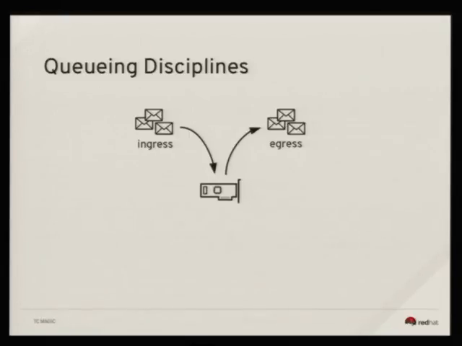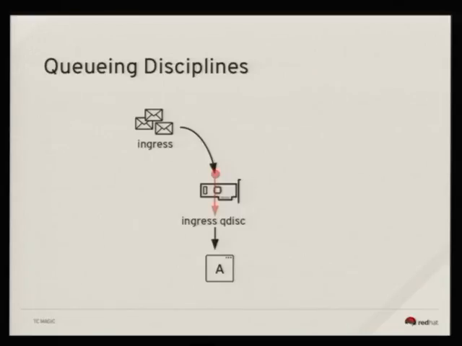Now, we have 2 points where we can attach something. We can hook something. The first point is right here, and that's an ingress. That's where all the ingress traffic goes to. And the second point is right here. That's where we can catch or attach to traffic that goes out of the computer.